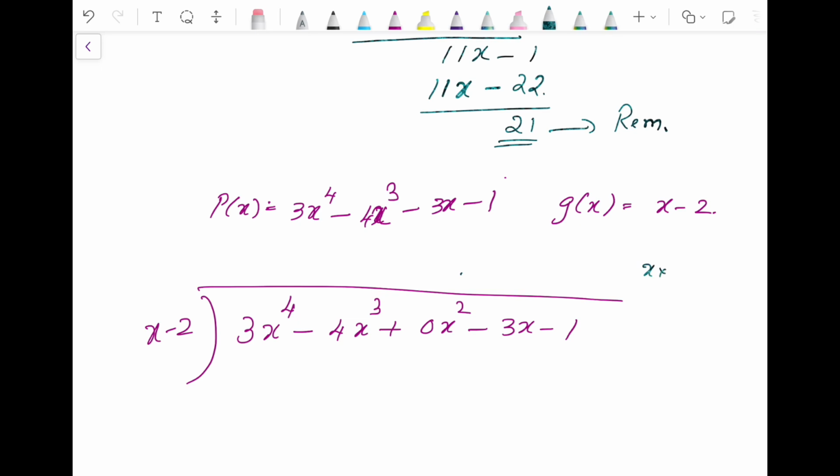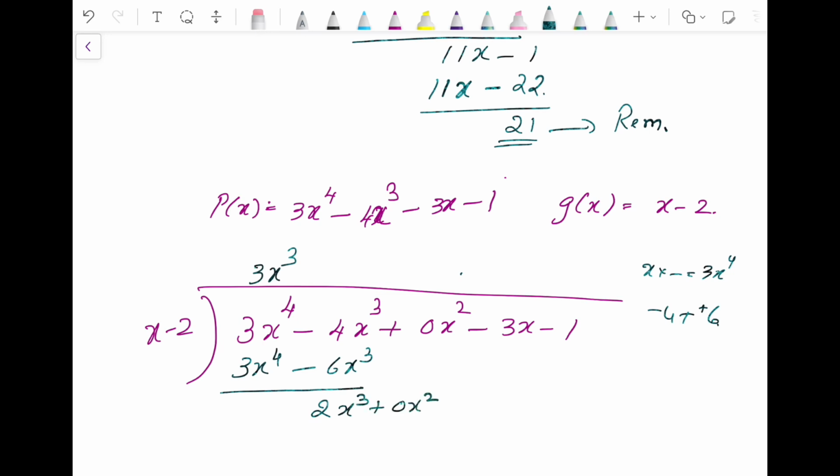So, x into something is 3x to the power of 4. So, 3x cube. So, 3x to the power of 4 minus 6x cube. So, minus 4 minus 6 is minus 2x cube, plus 0x squared.